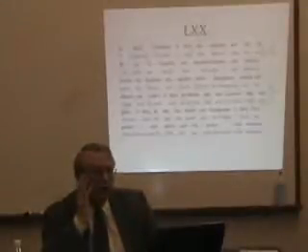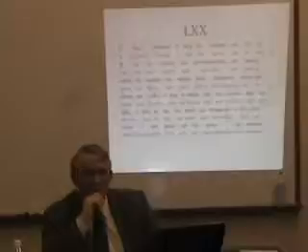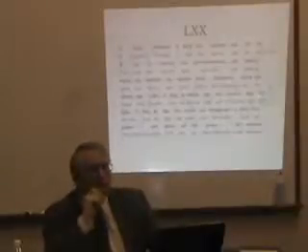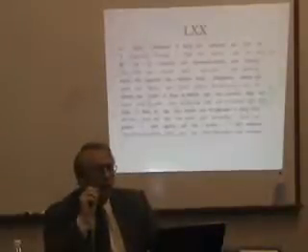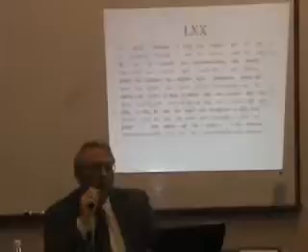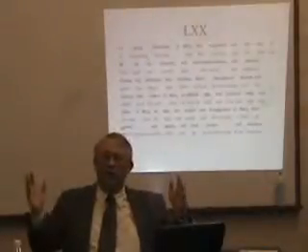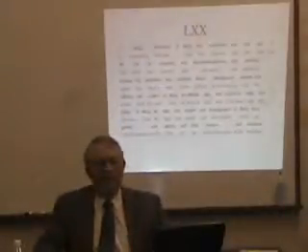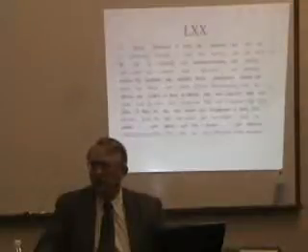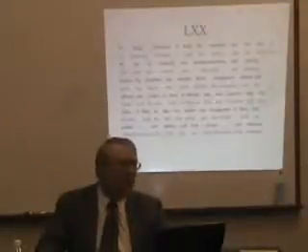I could read it en arche, epoiesen, ton ouranon, kai ten gen, ho theos, and I'd still know what it was. Matter of fact, in this sentence, I could do ho en arche, epoiesen, ton ouranon, kai ten gen, theos. I could have the article at the beginning, the article at the end, and still know how to translate it. Greek is unlike English. It's not the word order that makes the meaning.